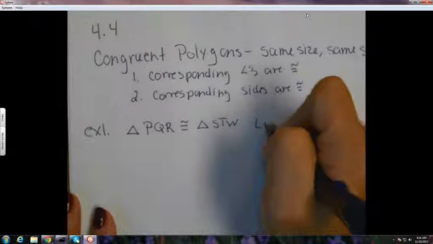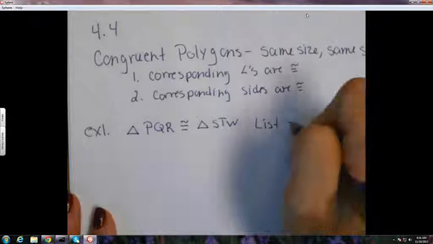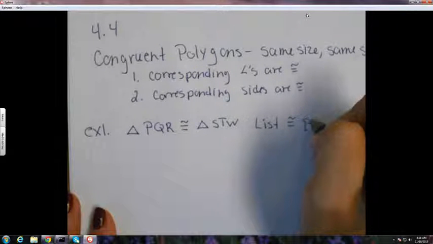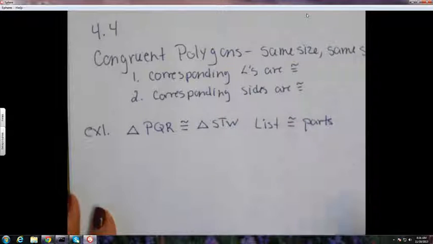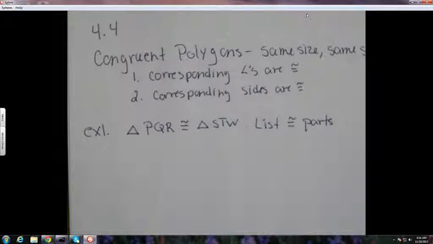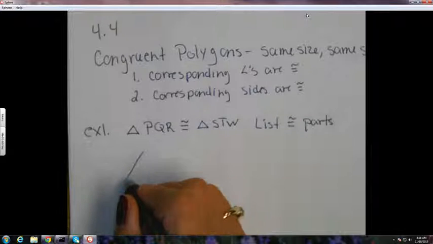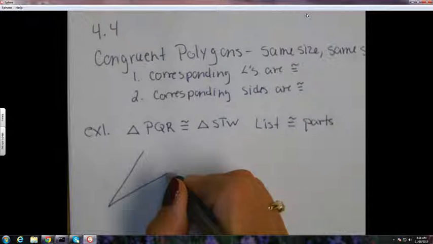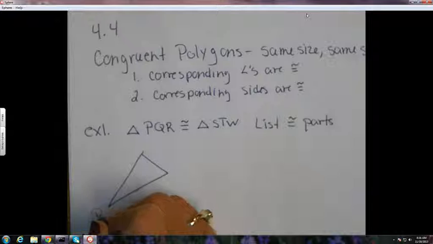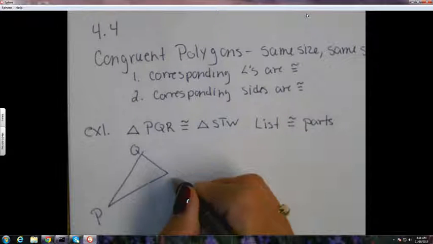List the congruent parts. Okay, you don't really need a picture to do this because everything can come off of the name. And I'll draw you a picture anyway with it. So let's go with PQR.